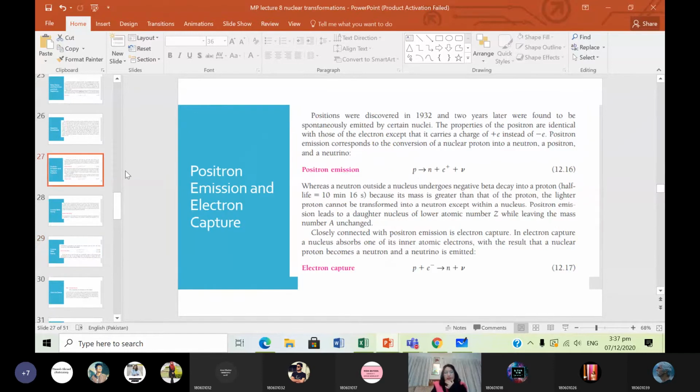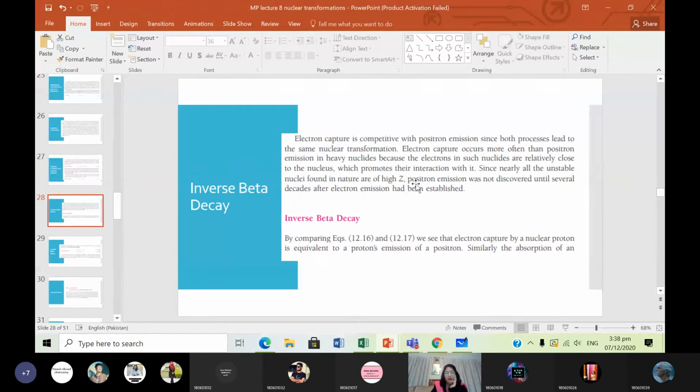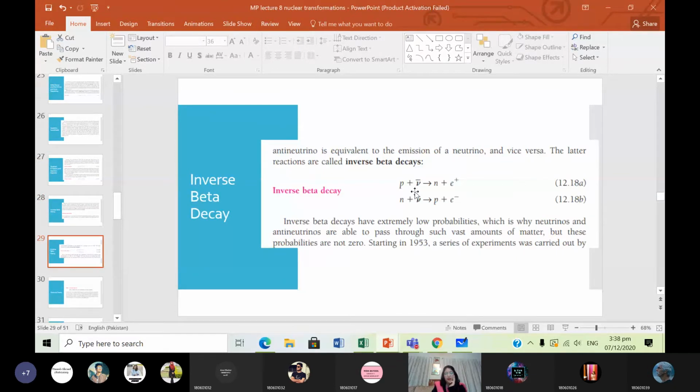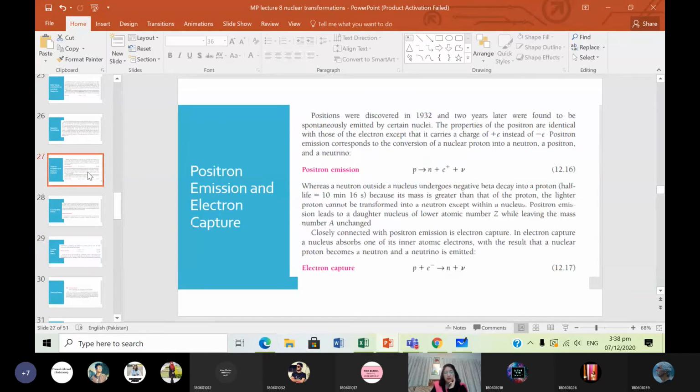So we can take this neutrino, and if we put it on the other side of the equation, it becomes an antineutrino. So we get proton plus antineutrino going to neutron plus positron. This is inverse beta decay. The neutron plus positron will remain as it is. We just take this neutrino and make it an antineutrino on that side of the equation.